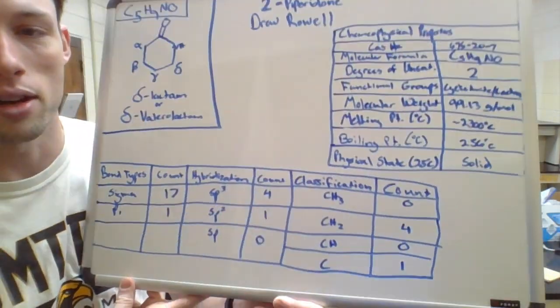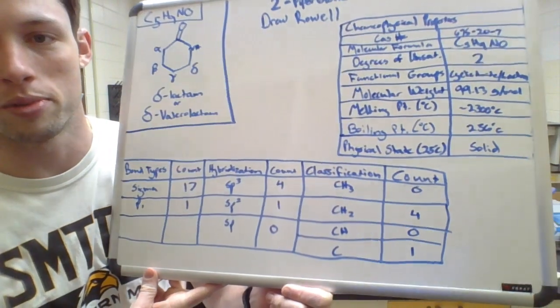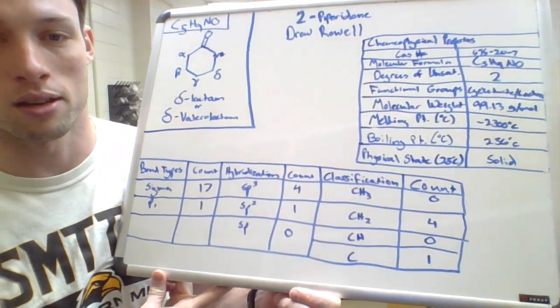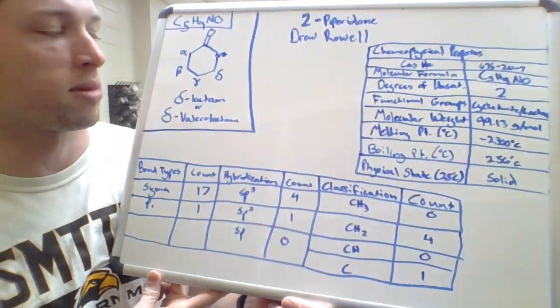Now we'll take a look at our structure a little bit so we can try to understand more about delta lactams. So I went ahead and built this structure in advance because it is a little complex to assemble.